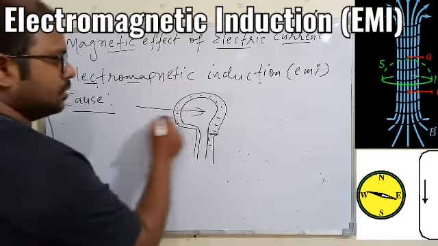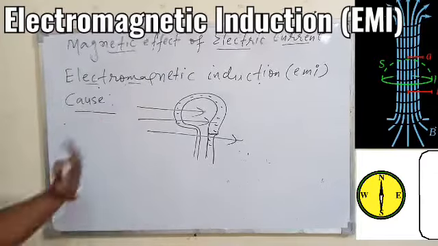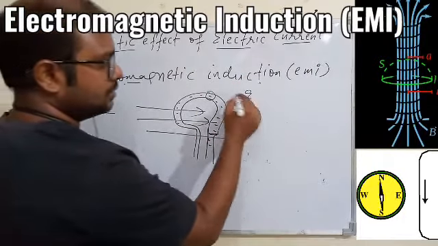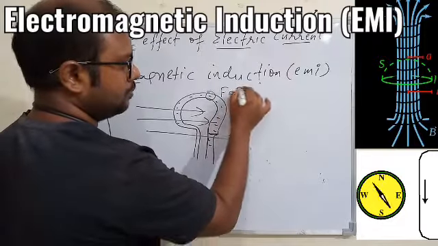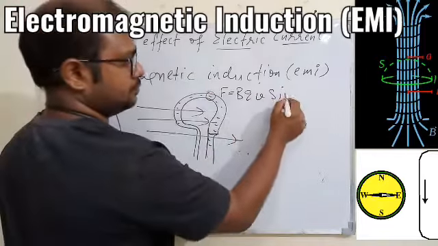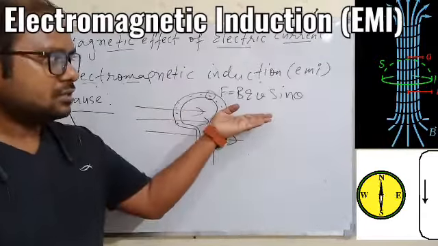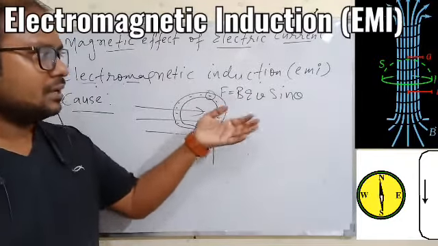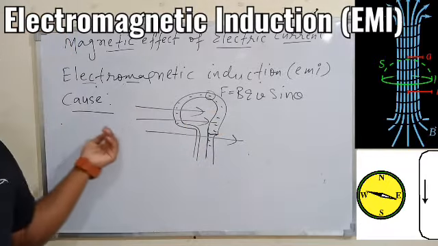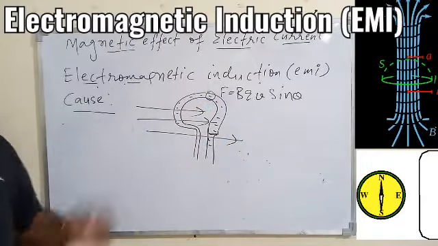Once the coil is placed in a magnetic field and the magnetic field changes, any charge Q will get a force, if you remember, BQV sin theta. If the charges are moving and they are in the magnetic field, they get a force. So when the magnetic flux changes through the coil, they start getting a force in a particular direction.